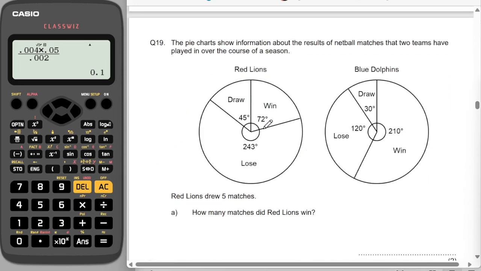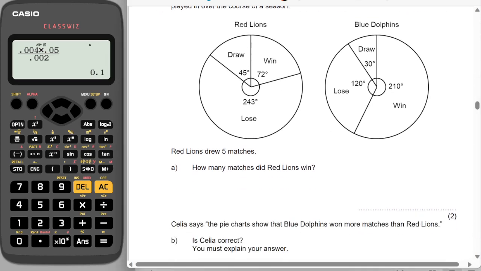And question 19. The pie chart shows information about the results of a netball match that two teams have played over the course of a season. So we've got, okay, the Red Lions drew 5 matches, so we know that 45 degrees is equal to 5 matches. So how many did they win?